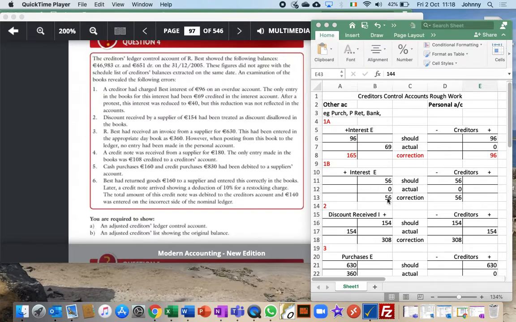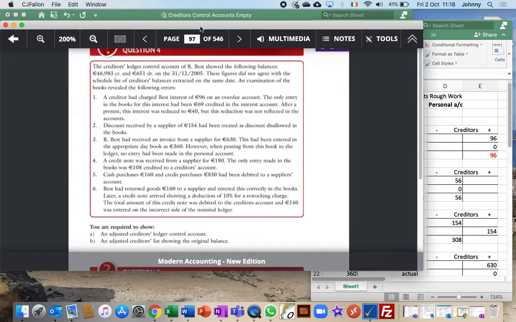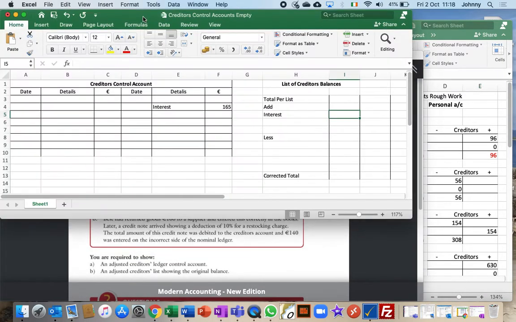Okay? Now, how do I take that information and put that into the control account? So I've got creditors. I'm just looking down here on the right-hand side. There's creditors. That all goes into the list of balances. So we've got 96 in here on the credit side, and we've got 56 on the debit side, which is the minus side.